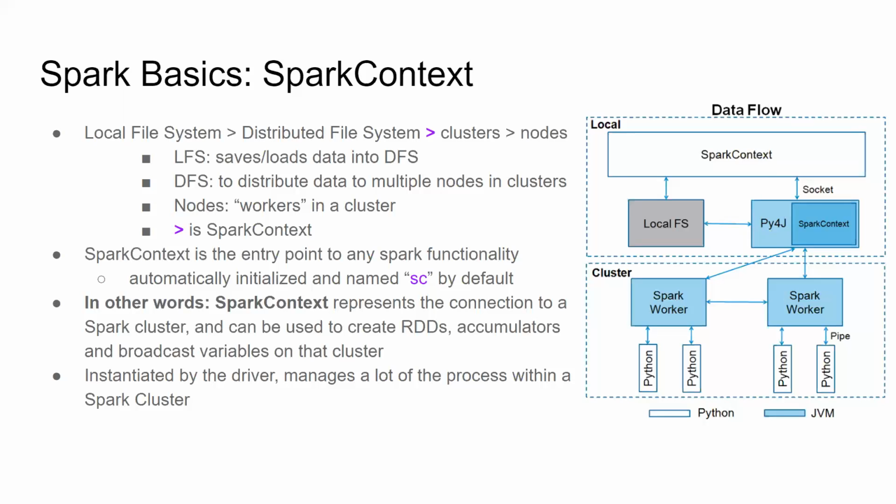So that's why it's labeled light blue. And you can see how the cluster works with the Spark worker nodes being connected to each other as well. That's it for Spark context. Let's move on to RDD.